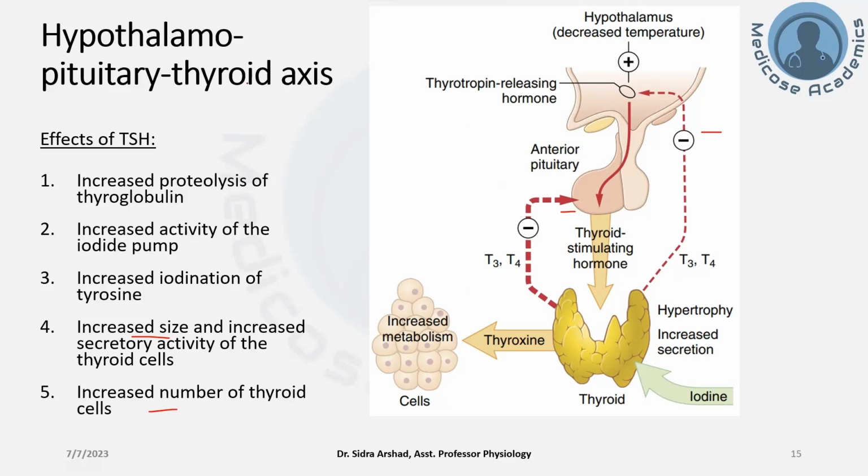So for the hypothalamo-pituitary thyroid axis, begin with the release of TRH from the hypothalamus in response to certain stimuli, TRH's effect on the TSH secreting cells of the anterior pituitary, TSH's effect on the follicular cells, and then the negative feedback effect of T3 and T4 on the TSH and TRH.